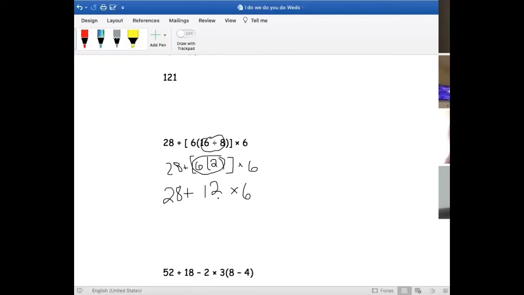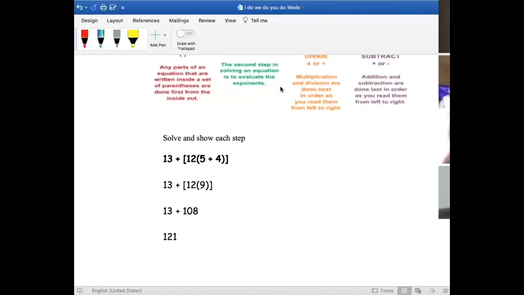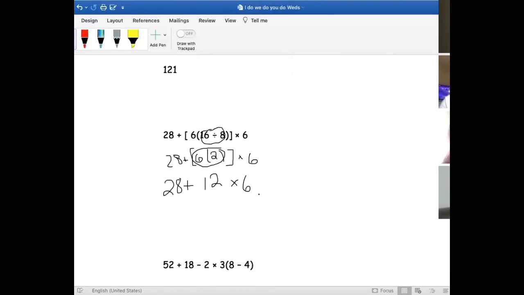No. Okay, and then what's our next step going to be? Multiply and divide. Left to right. So what are we going to solve next? 16 divided by 8. Oh, we already did that, right? We're down here, right? So what's left? We have 28 plus 12 times 6.